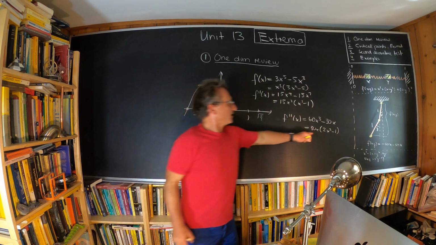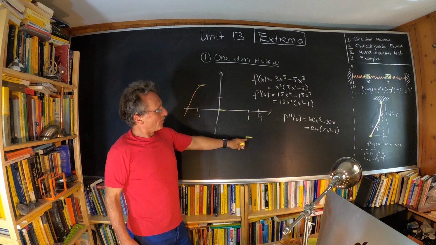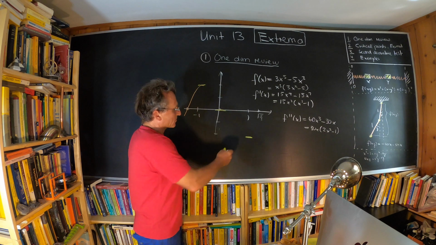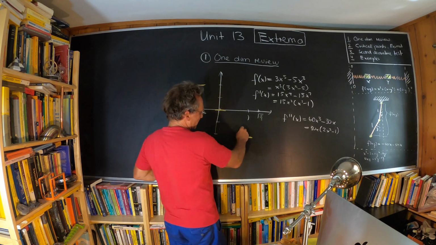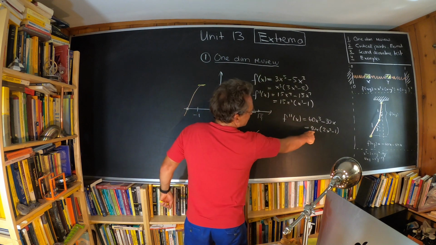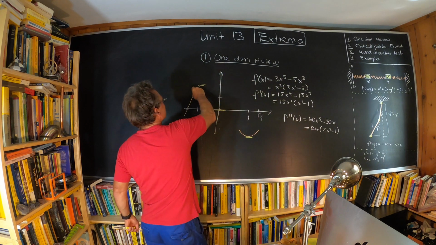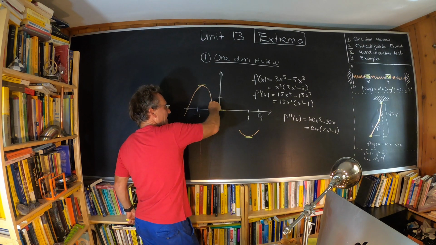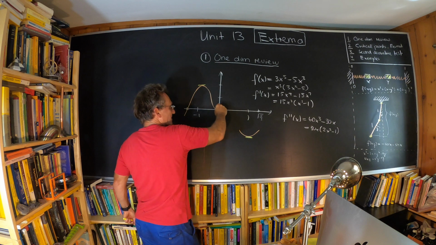So we see what happens, say at this point 1, we have a positive value. Positive value means it's concave up, so the function will be like that. When x is negative, this becomes negative, and so it's concave down. There will be something like that. But then it has to go somehow like that, and that's a special point.